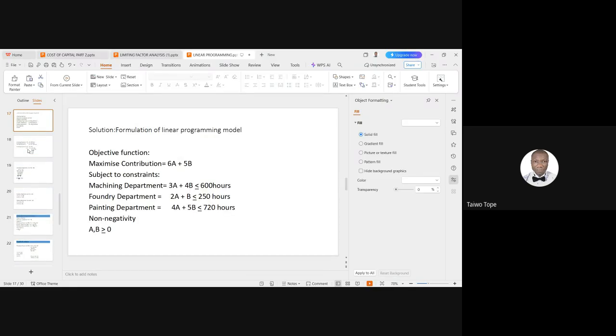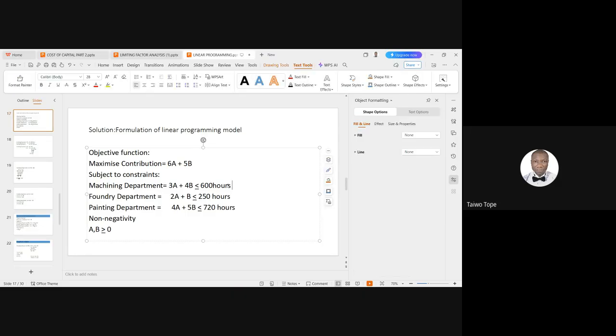For example, if I want to compute shadow price, from the definition, it is the extra contribution, the extra benefit that you will get when you add one more unit of the scarce resource. So if I add 1 hour to 600 hours, the result will be 601.